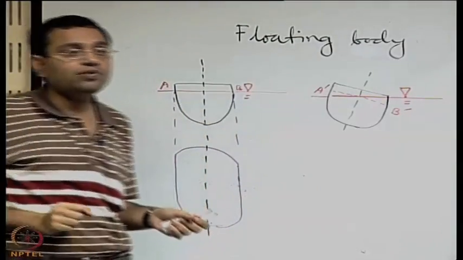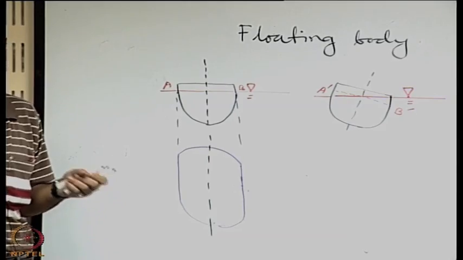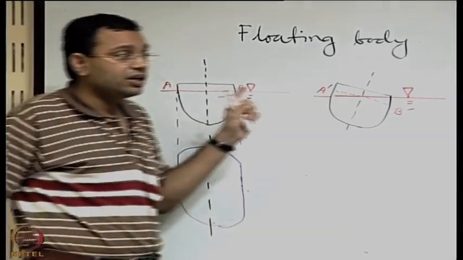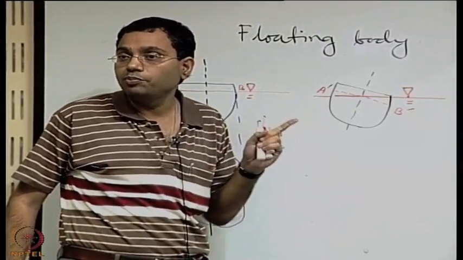So once the distribution of volume has changed, what has happened? The center of buoyancy has changed. So there is no sanctity with respect to the location of the center of buoyancy, that is very very important.